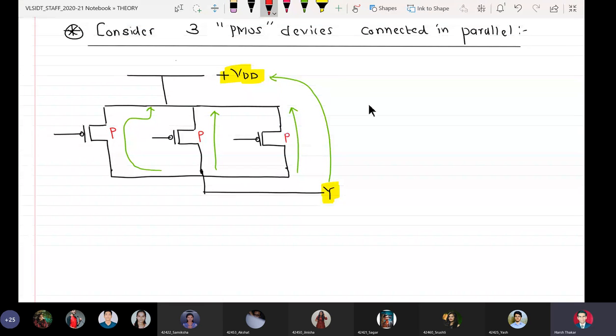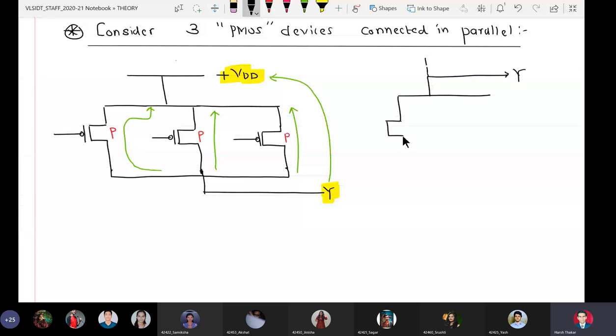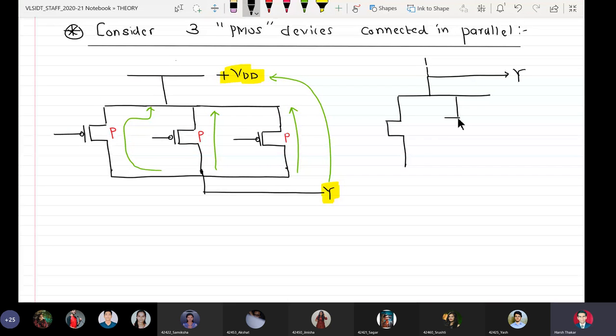It's very, very simple. This can also be applied to pull down network in the same way as before. Here I am output Y, and here I have three NMOSs in parallel, 1, 2, and 3 connected in parallel.